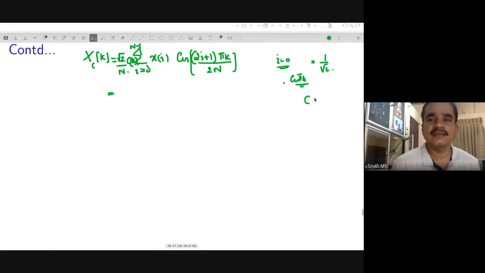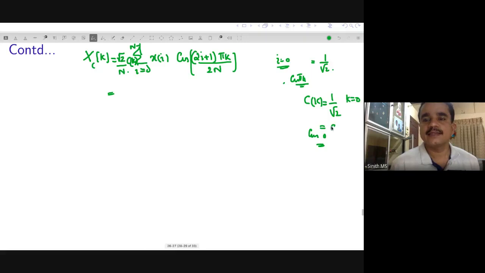So c k is basically 1 by root 2 if k is 0. If k is 0, what happens? This becomes cos 0, which is 1, and you have root 2 by n. To cancel out root 2, c k will help, and when you normalize, since the summation is from i equal to 0 to n minus 1, there will be one term each, and cos 0 is 1. So you get a normalization and root 2 cancels.